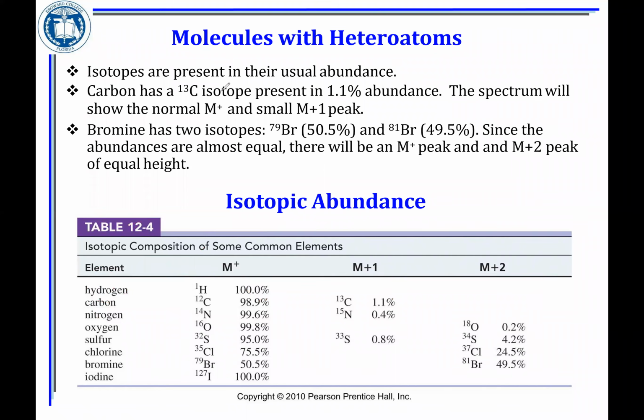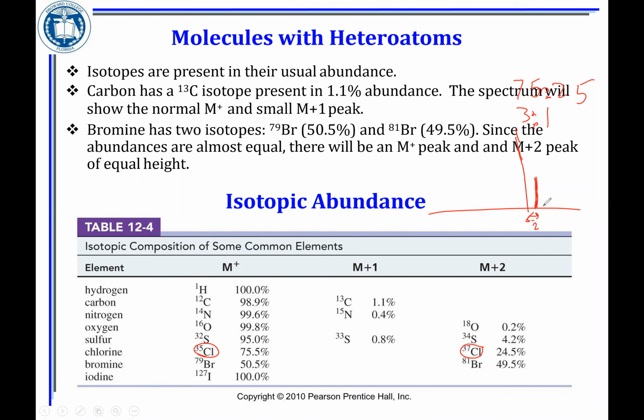Some atoms have different isotopes in nature, and the different isotopes can also show different mass in the mass spec. If we have chlorine 35 and chlorine 37, a compound would show a peak like this, with a 3-to-1 ratio, or 75-25 ratio of peak height, and the difference between these two is only 2 units.